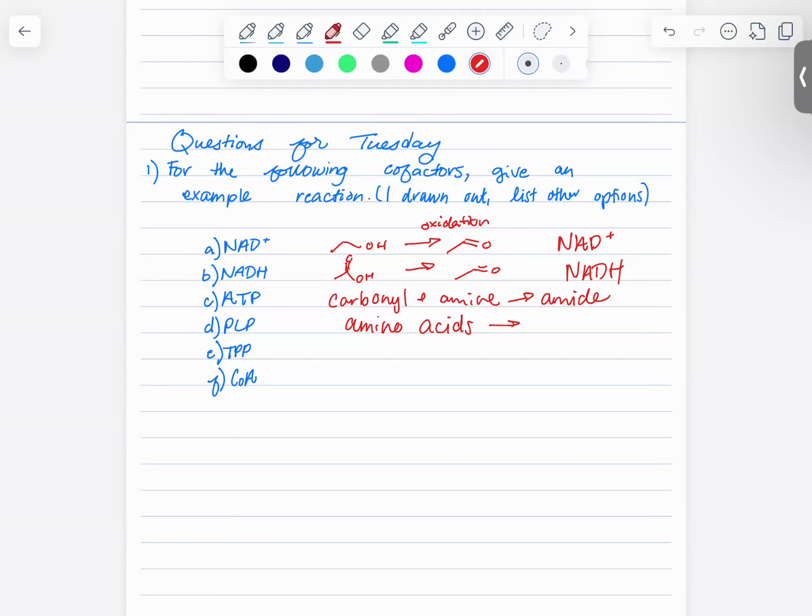TPP, what kind of reaction is it most known for? Decarboxylation. What motif in our molecules should we look to recognize? Two carbonyls right next to each other.